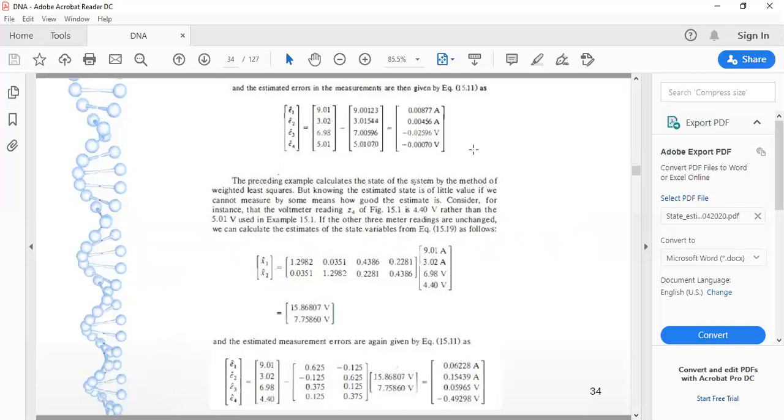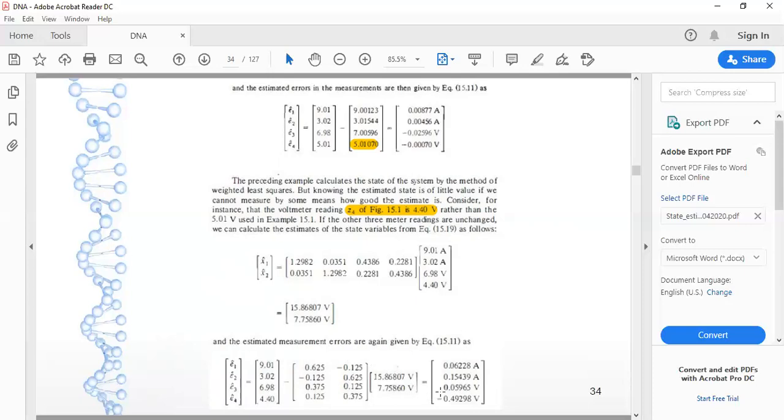Now suppose I put Z4 equal to 4.4. Previously it was 5.1. If I alter this value and make the calculation once again, then the values of x1 and x2 are less: 15.86 and 7.7, which is not the same as the previous case.